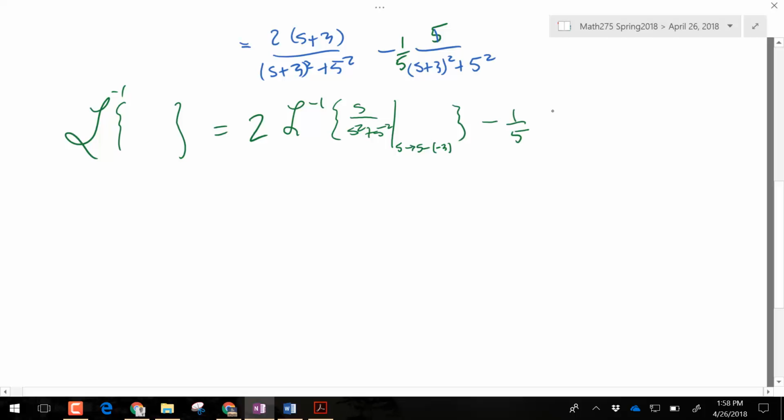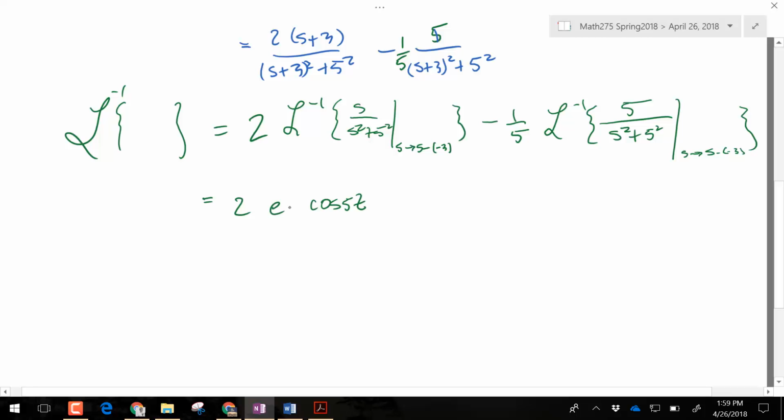Minus a 1/5. And then now I have the inverse transform of 5 divided by s squared plus 5 squared, which we know is a sine that has been shifted by the same factor of -3. So this is a 2, and the function itself is a cosine function multiplied by e to the whatever the shift was, right? The shift was -3.